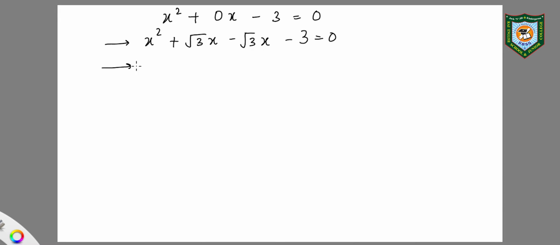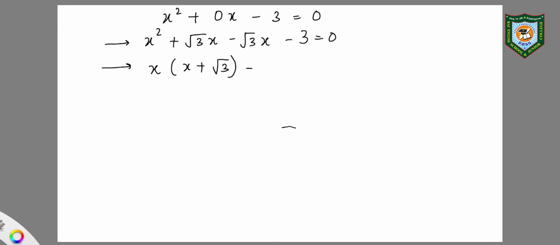So that means now I'll be solving these two parts of this equation. I have x common. Inside the bracket I'm left with x plus under root 3.